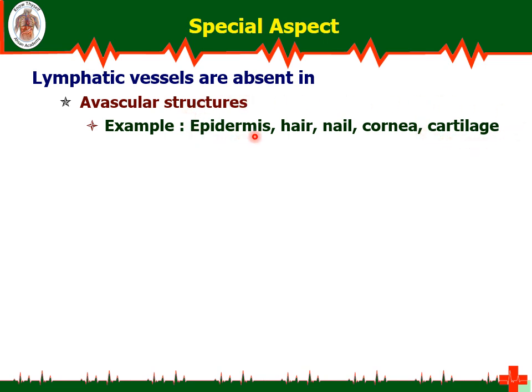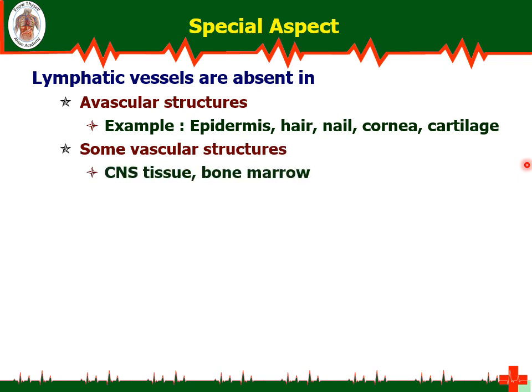Important places are the cartilages, epidermis, hair, nail and cornea. These are the avascular places, so they do not have any lymphatic circulation. Some areas are vascular but still do not have lymphatics: the nervous tissue and the bone marrow.